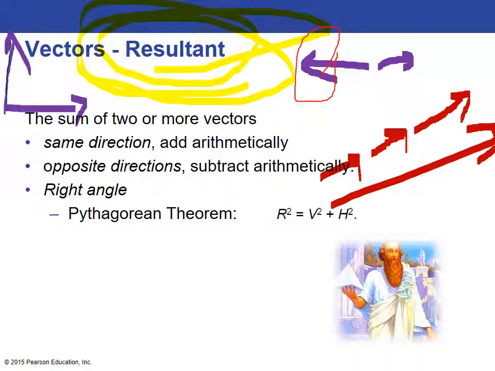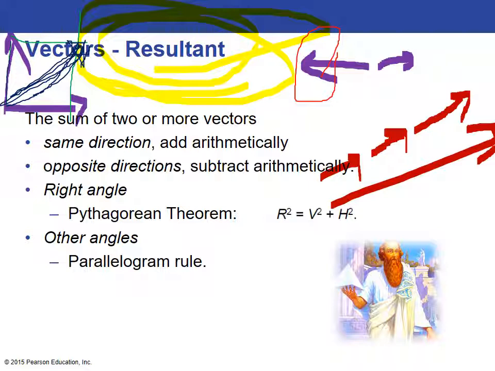Then you're going to have to go back into your geometry days, pretend that they are legs of a triangle, and the resultant vector is the size and the direction of that. And I have just got to learn to be better at drawing on PowerPoint. Pythagorean theorem. We will practice this in class. Don't worry about it right now. You will remember it when we do it.